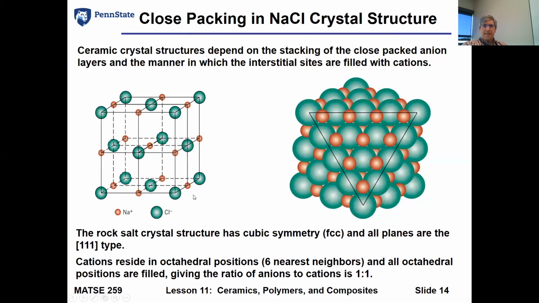We can see the cubic symmetry, it's FCC, all the planes sit on this 1-1-1 type plane, and the cations sit in a coordination number of 6. So they have 6 nearest neighbors. We fill all these positions, and so the anion to cation ratio is 1. That's how the close packing in the sodium chloride structure sits.